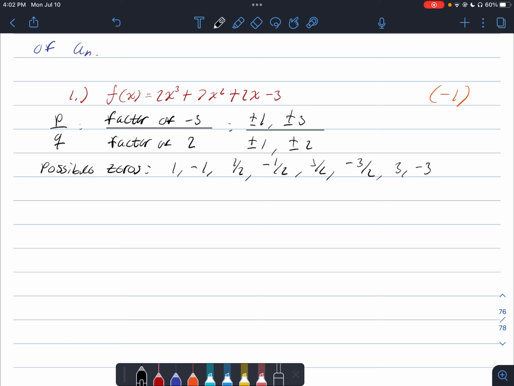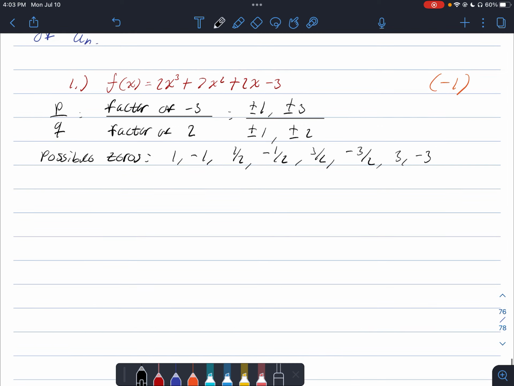These are all of our possible zeros here. There's not too many of them.